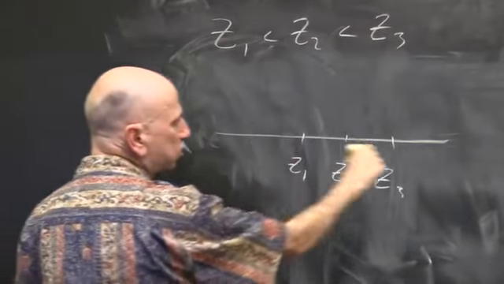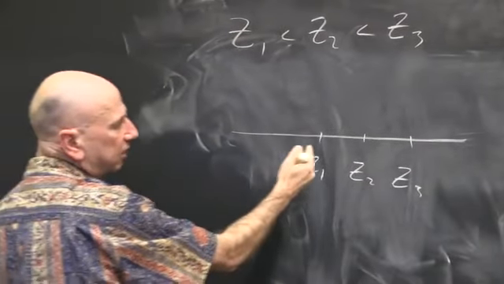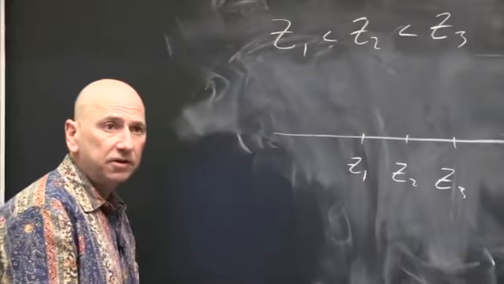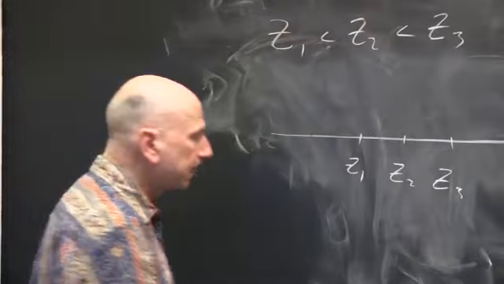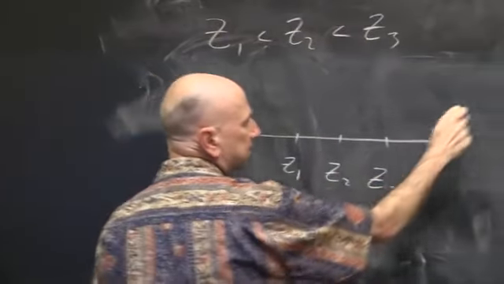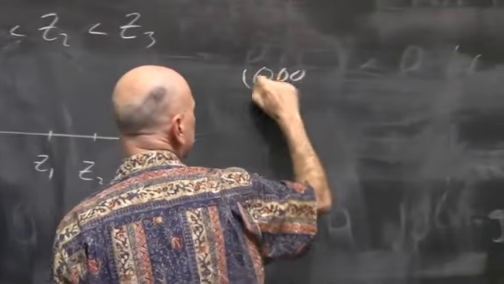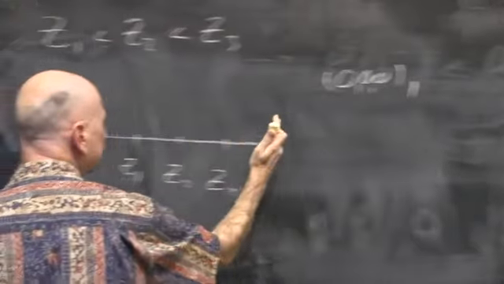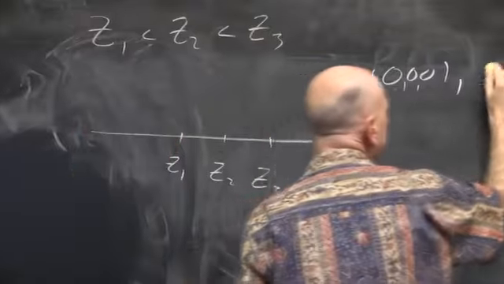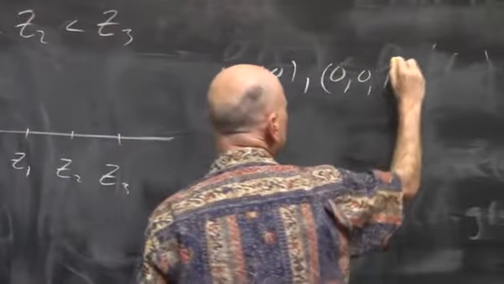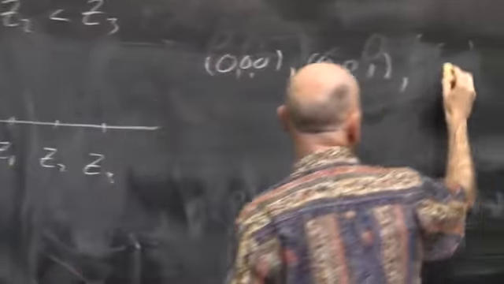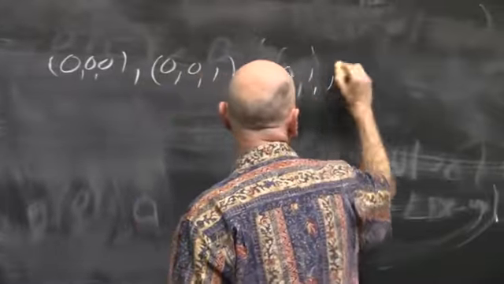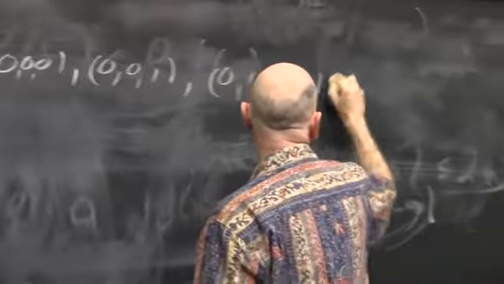as I sweep through that class of functions and I look at the corresponding projections, what possible vectors can I get? Well, if that cut point was here, I get 0, 0, 0. If I move it here, I get a 0, 0, 1. And then I can get a 0, 1, 1, and then 1, 1, 1.